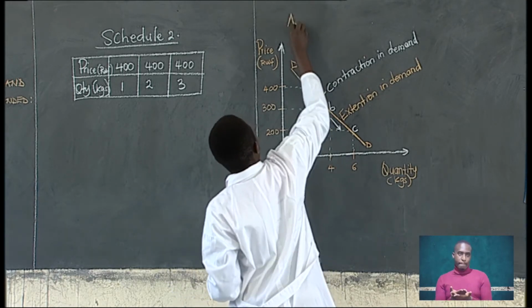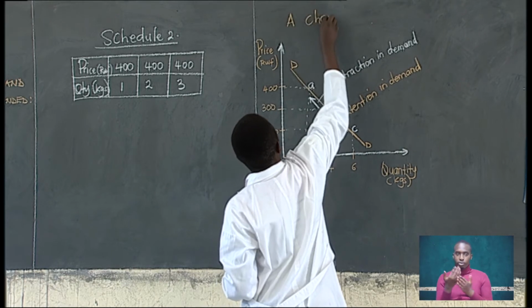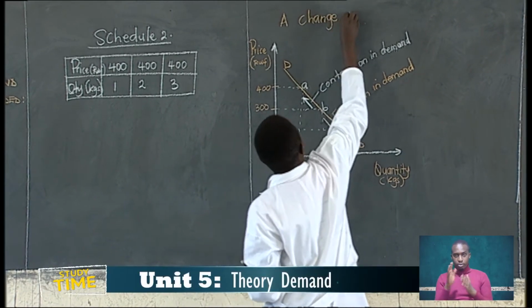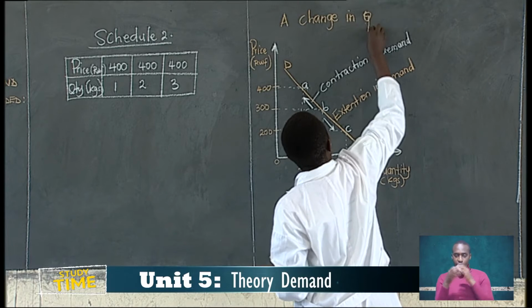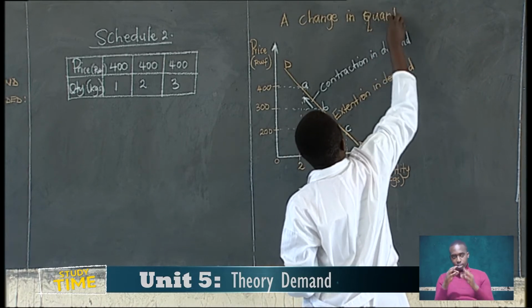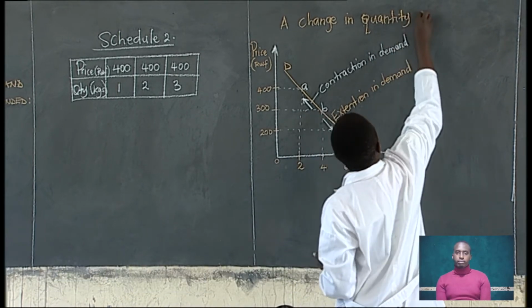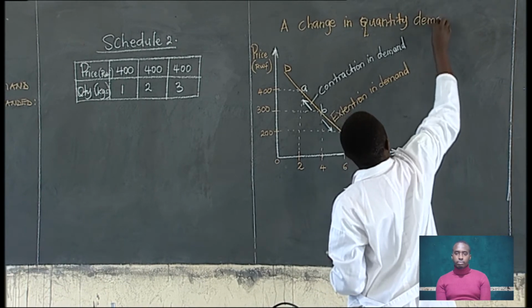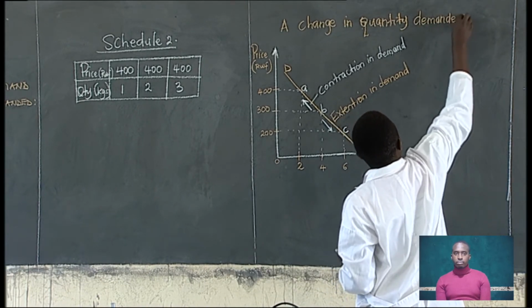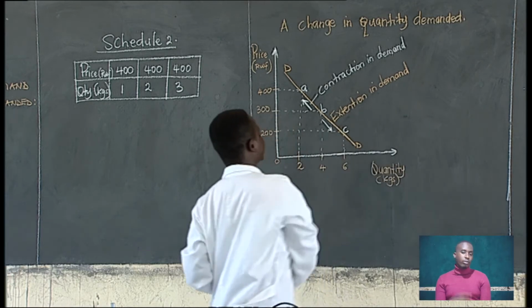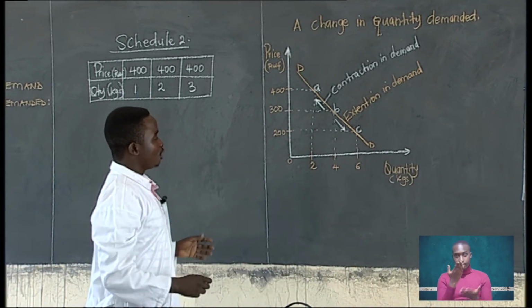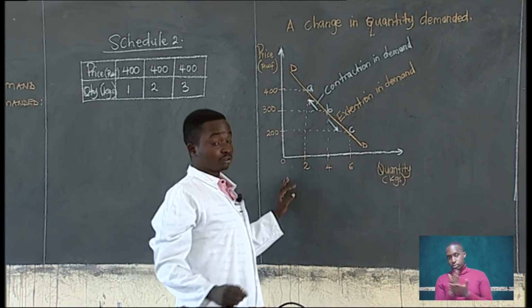This is a change in quantity demanded of our schedule 1. You have to notice one thing here: all other factors are assumed constant.